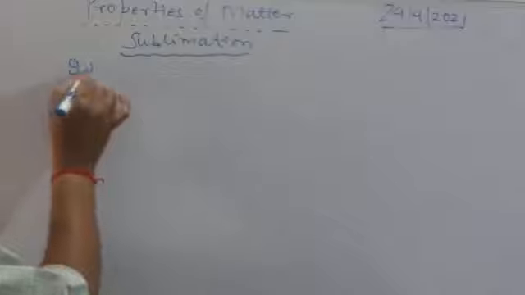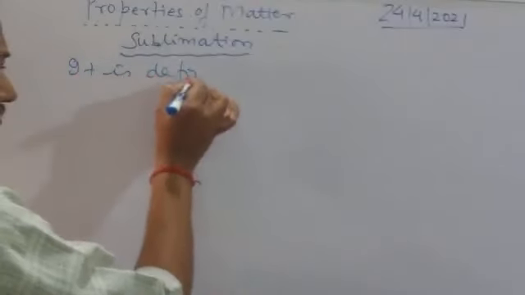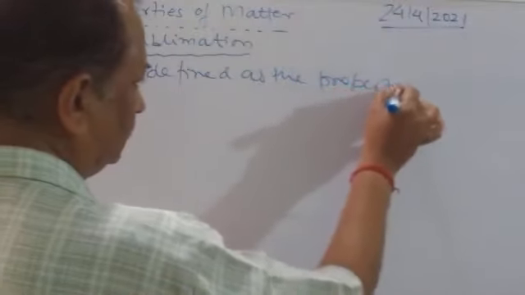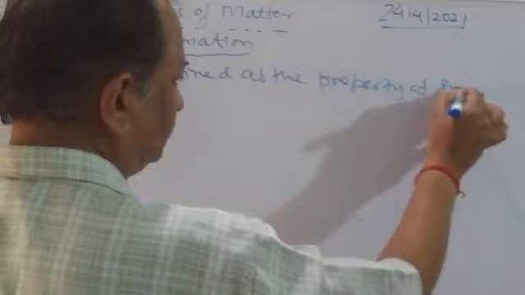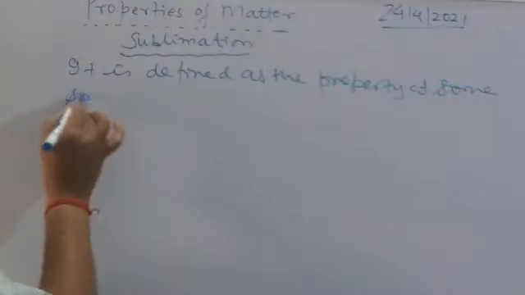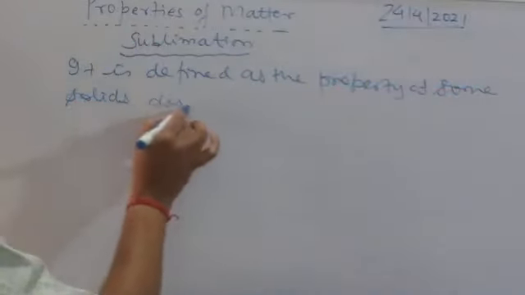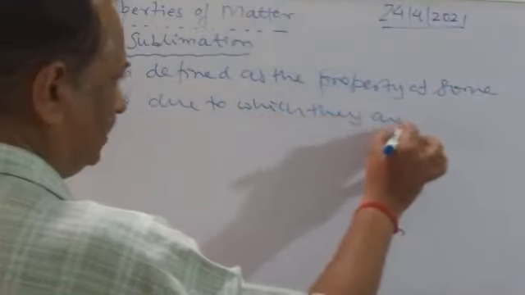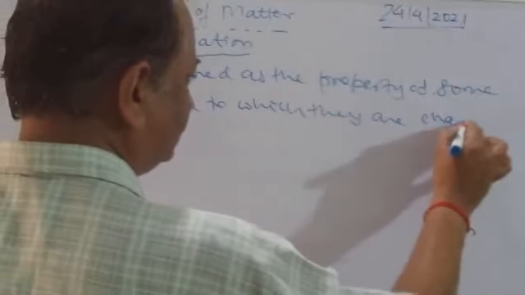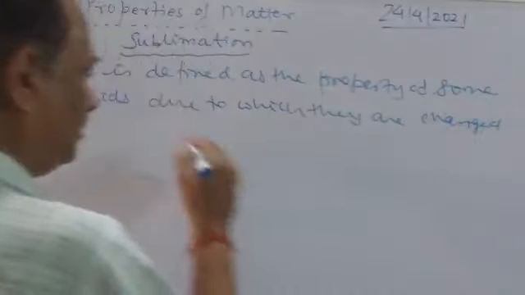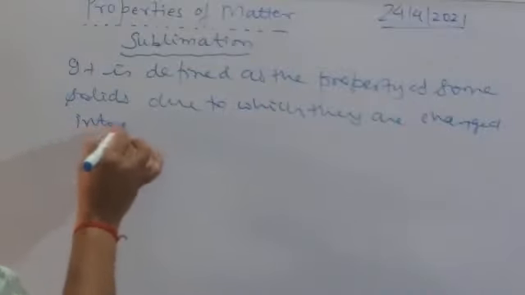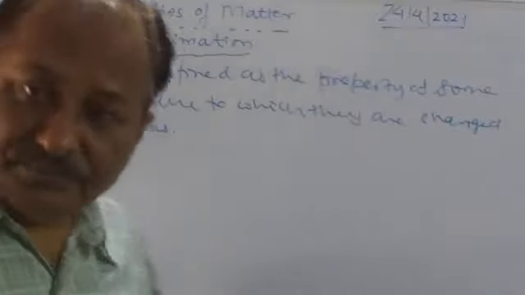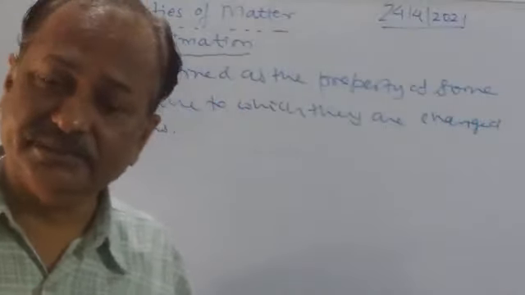So it is defined as the property of some solids due to which they are changed or converted into gas. It can be at room temperature or at high temperature.